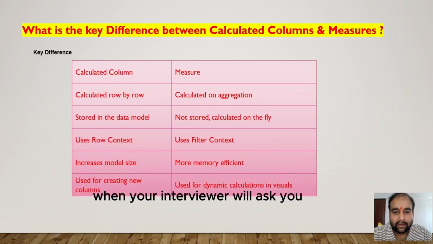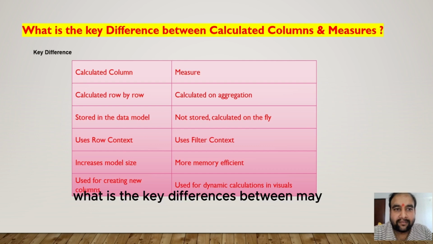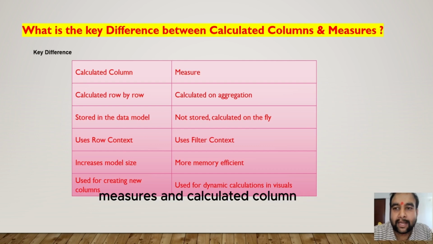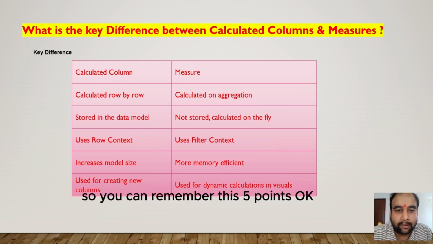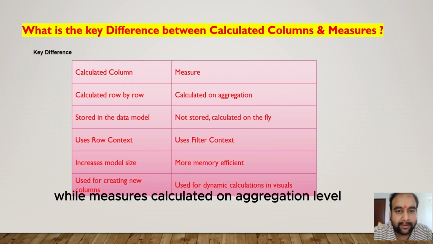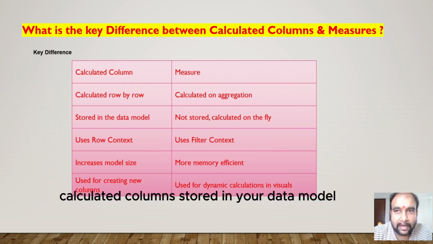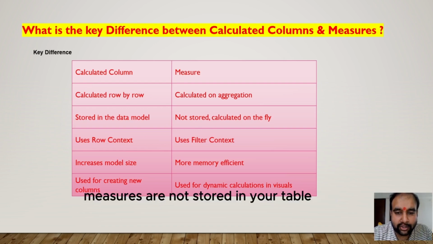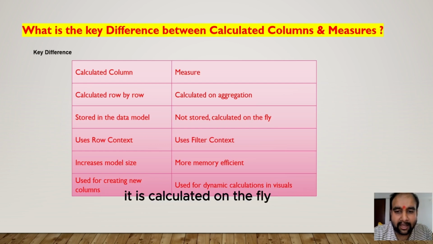When your interviewer asks what the key differences between measures and calculated columns are, you can remember these five points. Calculated columns are calculated row by row, while measures are calculated at aggregation level. Calculated columns are stored in your data model; measures are not stored in your table, they are calculated on the fly.